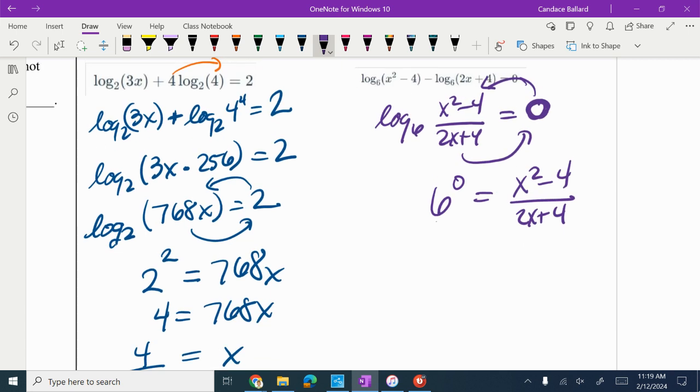What is 6 to the 0 power? Anything to the 0 power is 1. I've got to get this, which is right now under division, to the other side. How do I get it there? Multiply. So 1 times that is just this thing here, 2x plus 4.